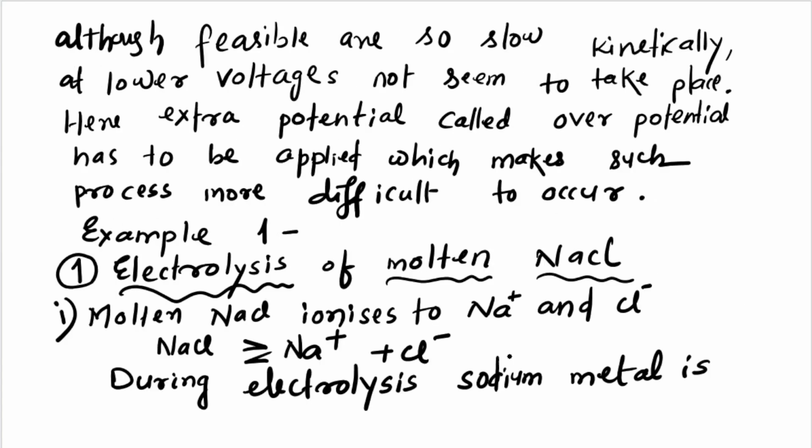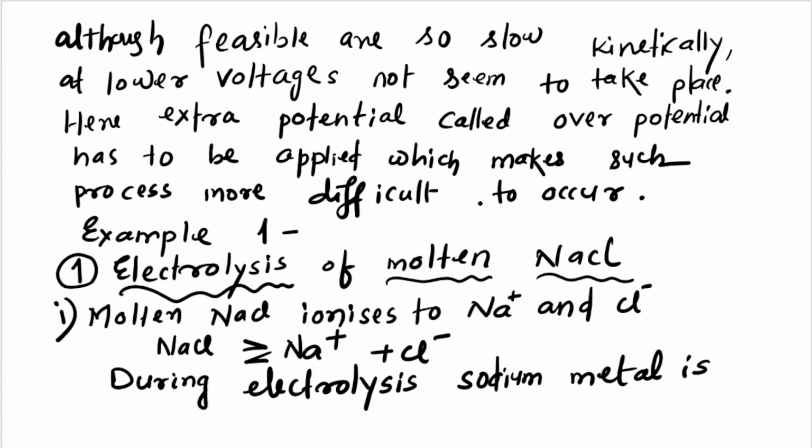Some electrochemical processes, though feasible, are kinetically so slow. That means some chemical reactions, although feasible, are very slow and do not seem to take place at low voltage. Here an extra potential, called overpotential, has to be applied, which makes such a process more difficult to occur.